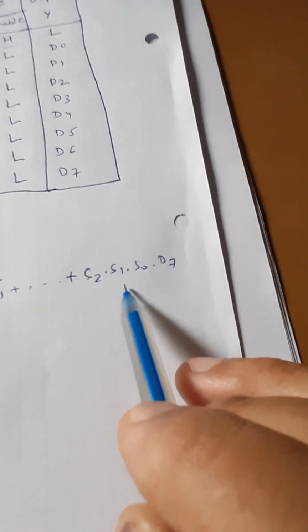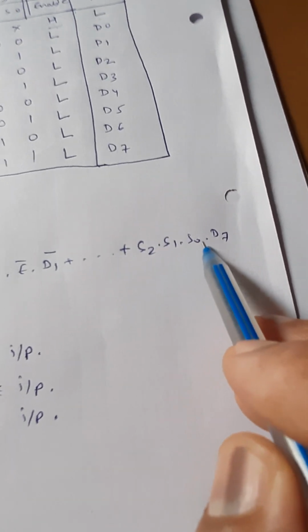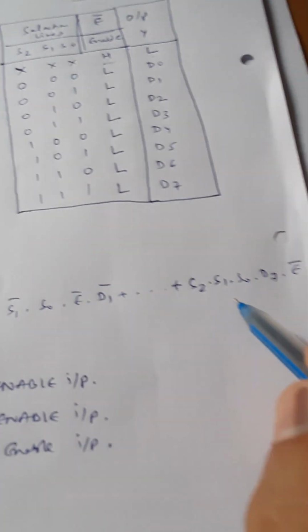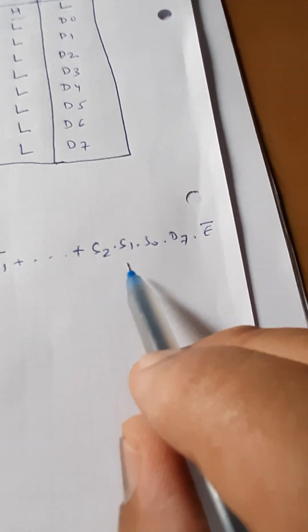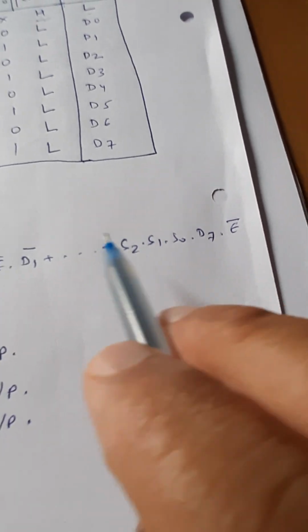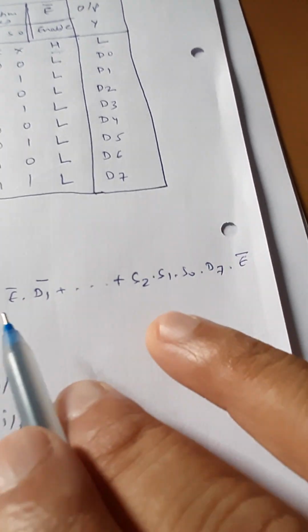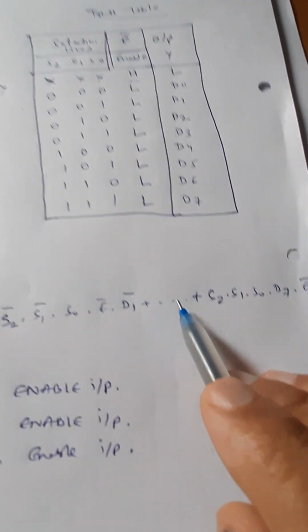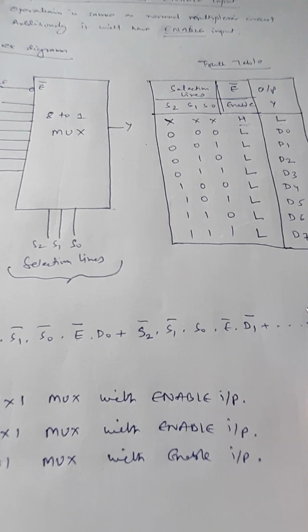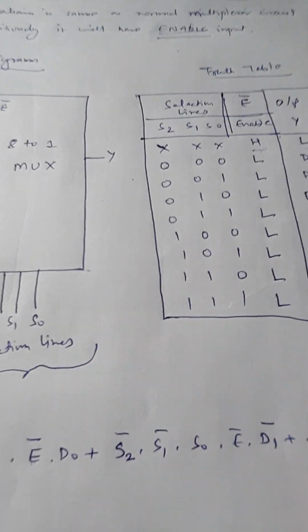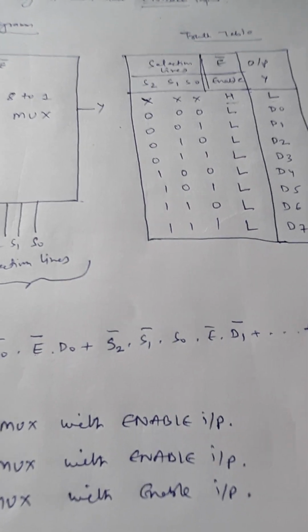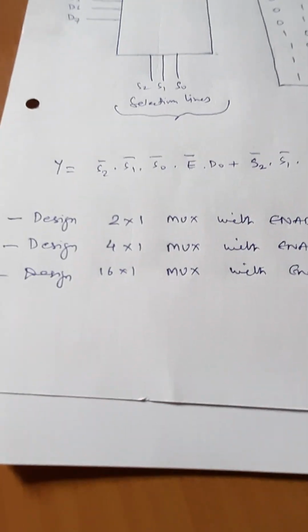The last combination is S2 dot S1 dot S0, and I forgot to write E bar over here for the last combination. Likewise you can have different combinations in between. So this is the Boolean expression, and from it we can easily design the multiplexer circuit, the internal circuit of the multiplexer.